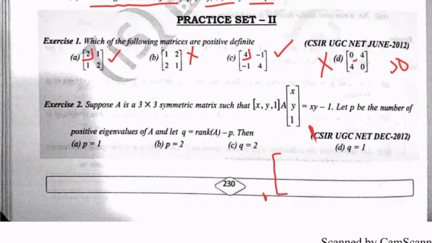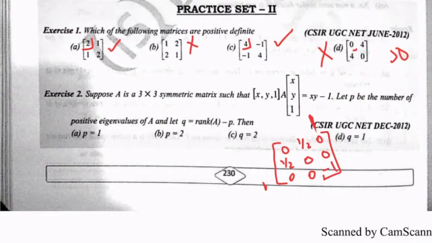The x into y term is in the 1 comma 2 position, so 1 by 2, and again 1 by 2 symmetrically. Here it is 0, since the form does not contain an x term alone, and it does not contain a y term alone, so 0. And the constant position is minus 1.